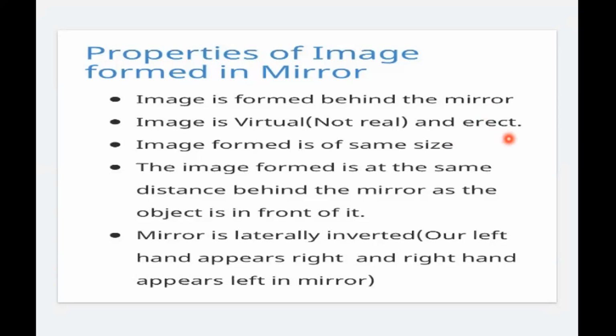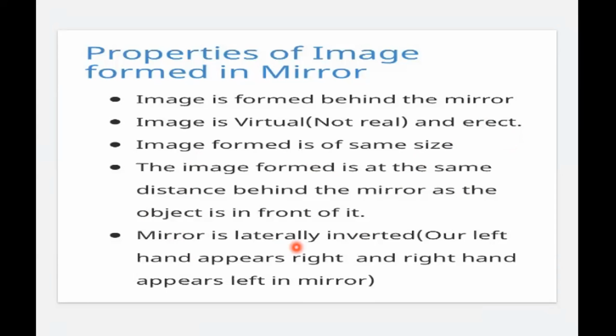The image is erect. Erect means upright. The head appears at the position of the head, and the feet appear at the position of the feet only. The image formed is of the same size. So this is again a property. The image formed is at the same distance behind the mirror as the object is in front of it.